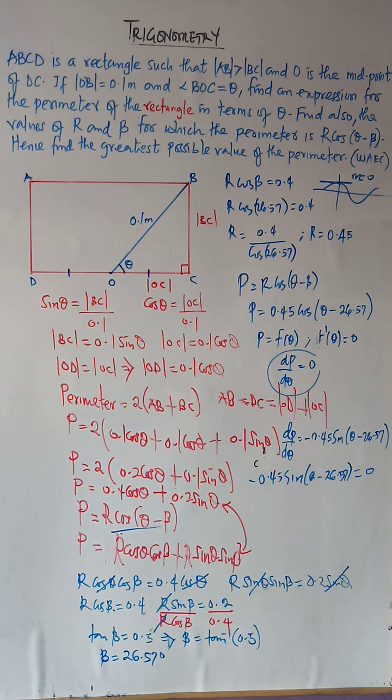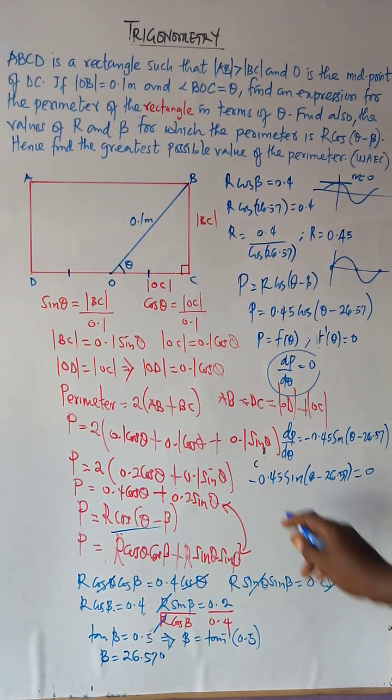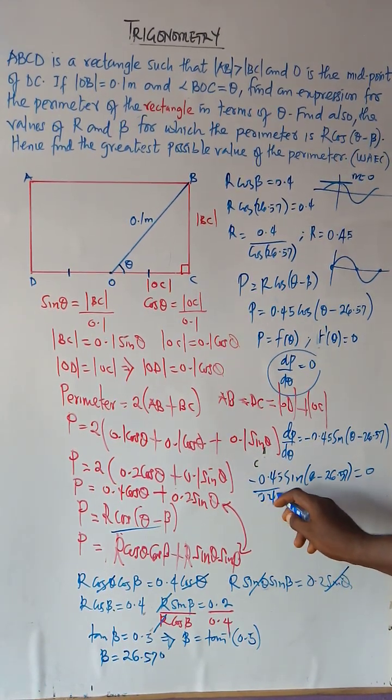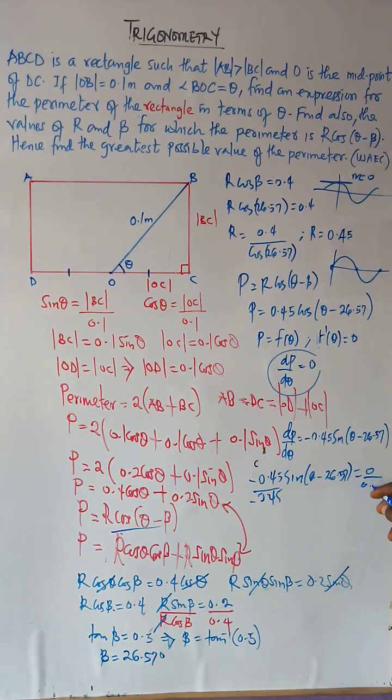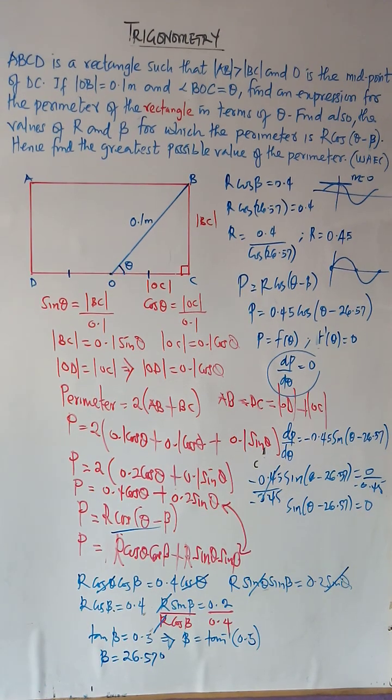So sine of what will give us 0? Sine 0 will give us 0 for the sine graph. Sine 180 will give us 0. Sine 360 will give us 0. If you divide both sides by minus 0.45, this one cancels, so we just have sin(theta minus 26.57) equals 0.